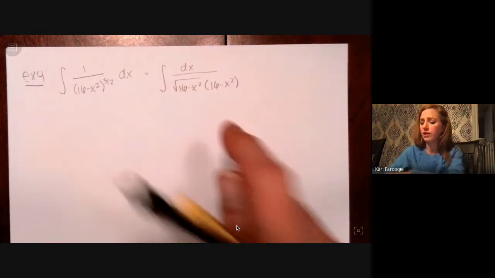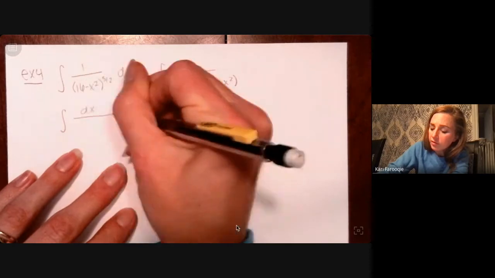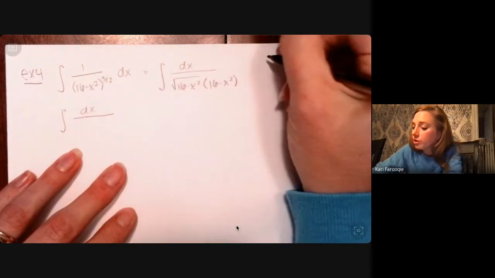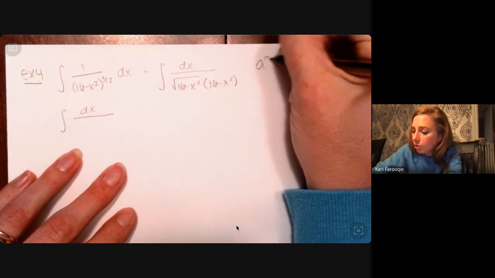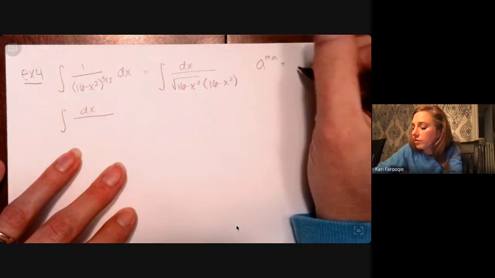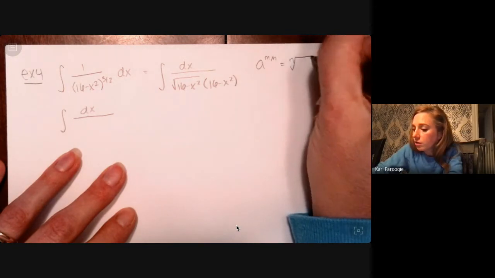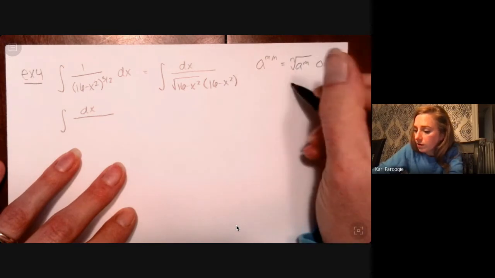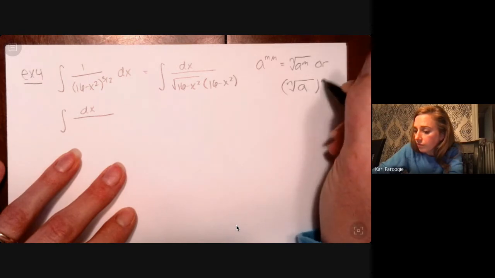Another way that you could write this is dx divided by, and I'm going to remind you of your algebra rule here. If you have a to the m over nth power, you can rewrite this as the nth root of a to the m, or as the nth root of a, to the m.